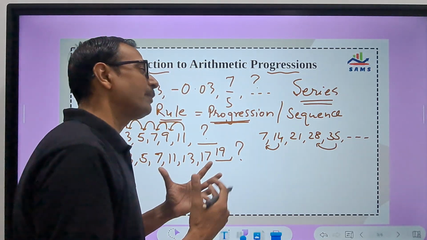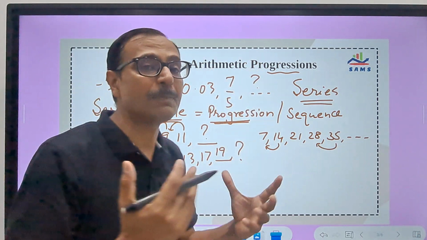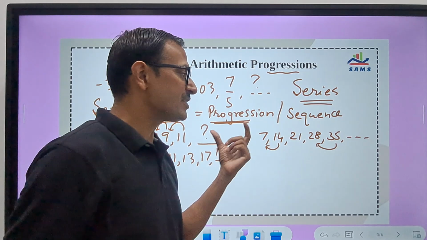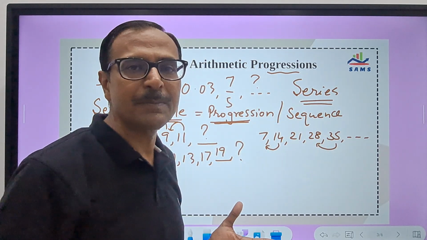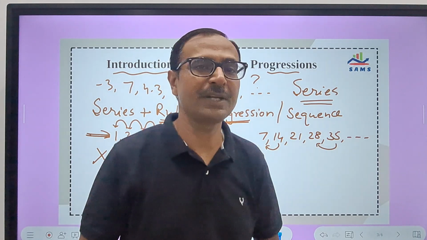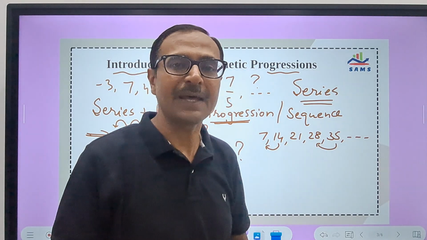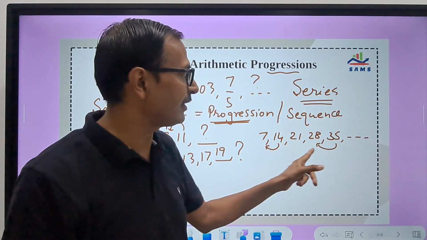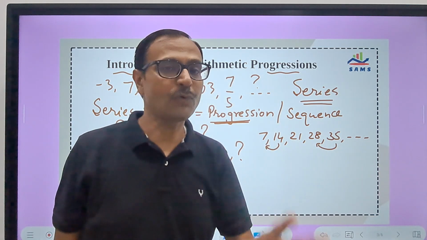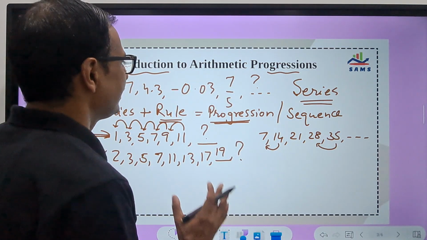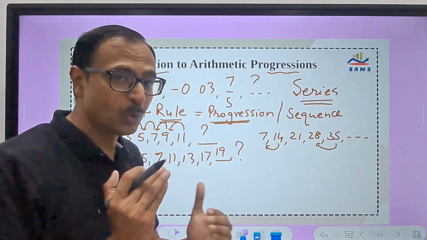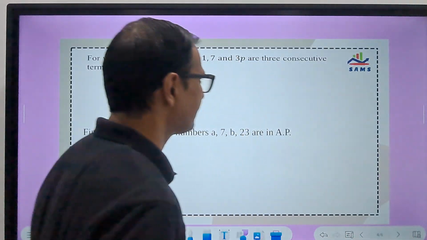So you can have so many different arithmetic progressions, where the difference between consecutive terms remains constant. The series of even numbers, the series of natural numbers, series of odd numbers, all these are arithmetic progressions. You take multiples of any number, that also forms a progression, right? So this is the concept of an AP. Now once you know the concept, you will be able to solve some problems.